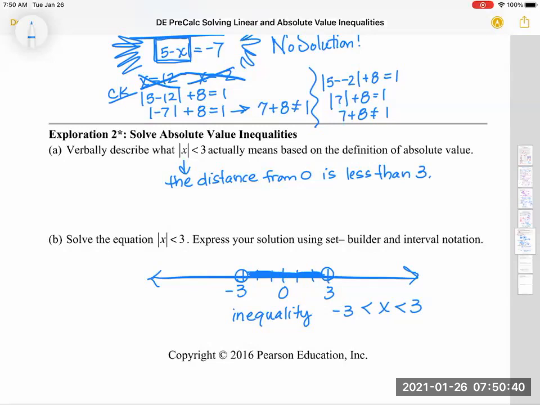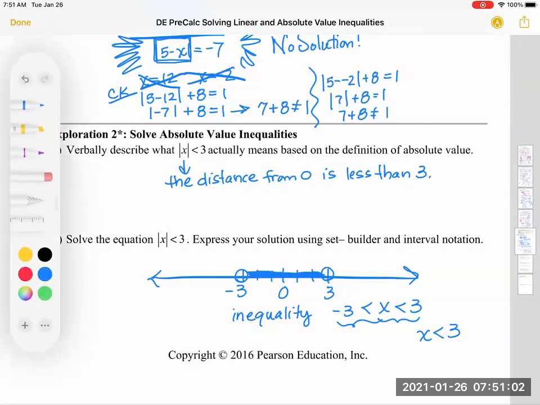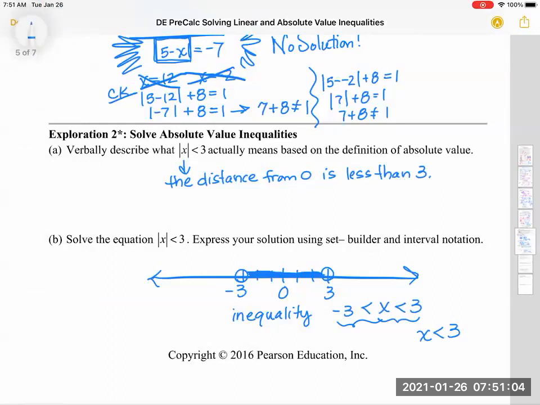If I wanted to make it into two separate individual inequalities, you'd have one that would be x is less than 3. The other one would be negative 3 is less than x, but that looks kind of funny. We don't normally read inequalities like that.